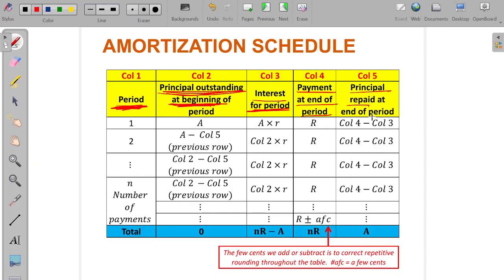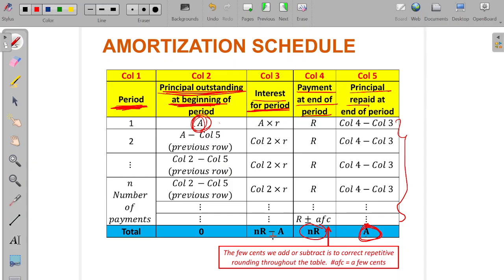So if we sum up everything you get here, you are supposed to get your loan back. You are supposed to have paid the money you owe. So the total of these is what we call nR.